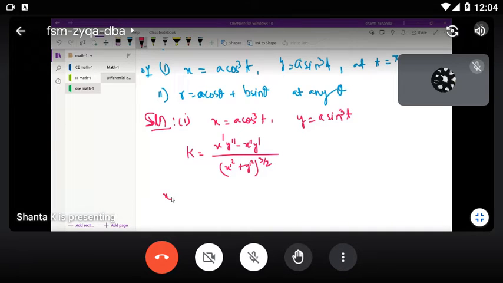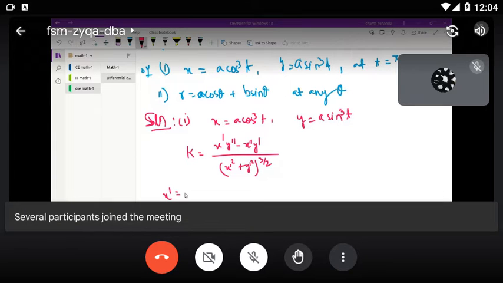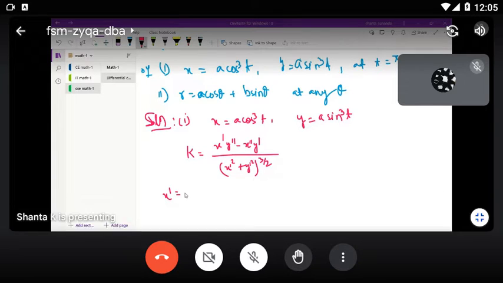Okay, so what is x dash? x dash means we will go for dx by dt.